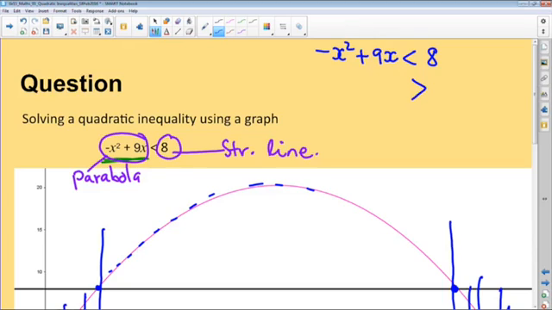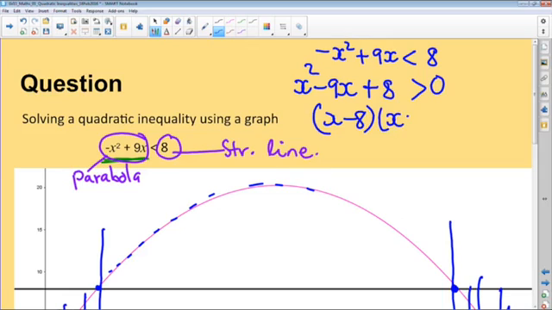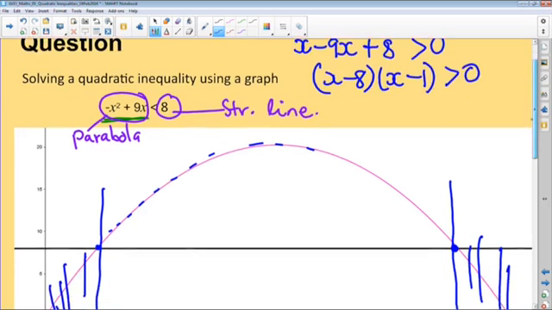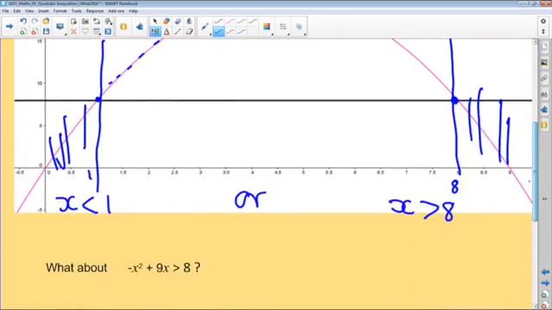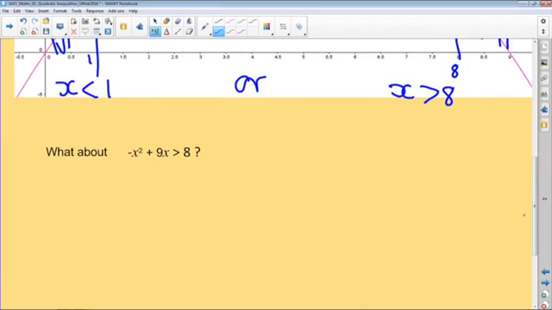So you have x squared minus 9x. You take the 8 across, but when it's multiplied by that negative, you will have a plus 8, okay? Greater than naught. Now, this is x minus 8, x minus 1, greater than 0. All right, so now again, guys, draw the rough parabola sketch, okay?